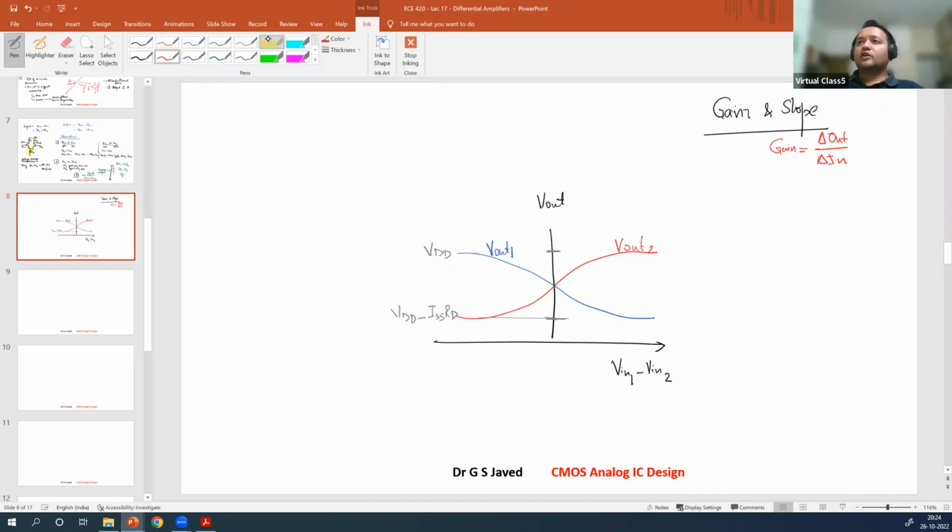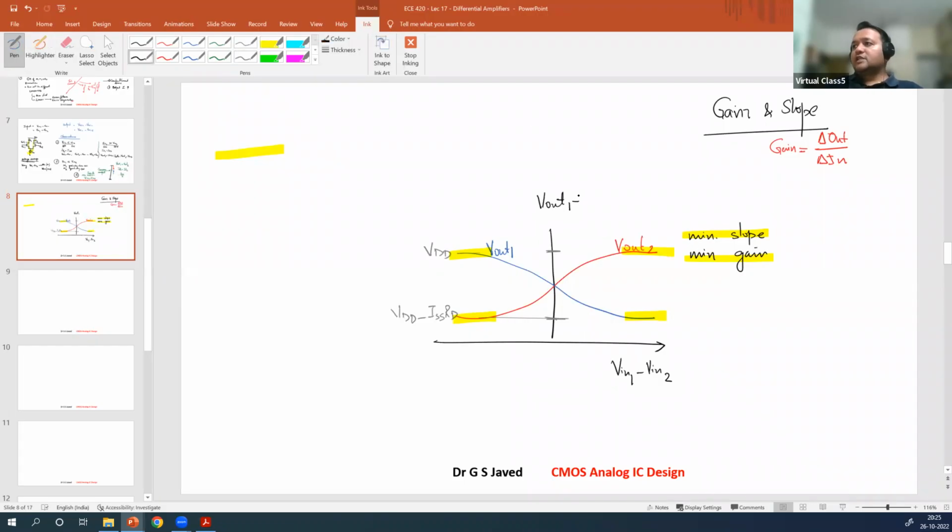Now if I draw your attention to these flat regions, right? These flat regions are minimum slope and minimum gain. So these are going to be your flat regions because there is not much of a slope here.